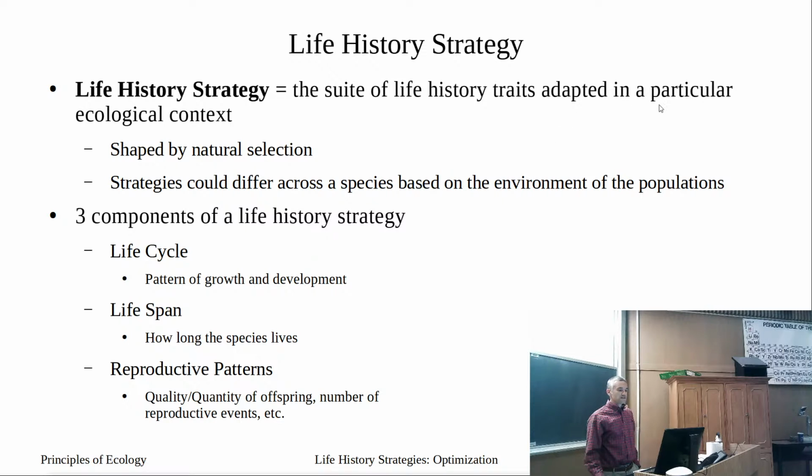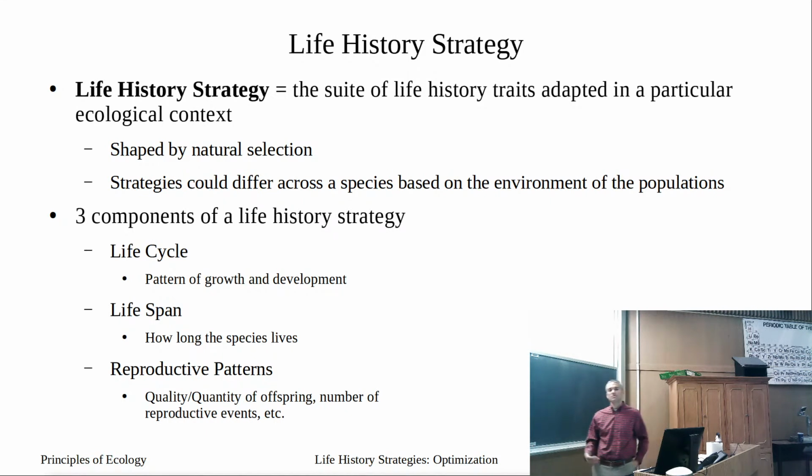And note that it's adapted in a particular ecological context. Because these traits are shaped by selection, if we change our environments, our selective forces are going to change, which means that we can have two populations of the same species exhibit different types of life history strategies. All right, so we can't think of it as one species always exhibits these strategies.